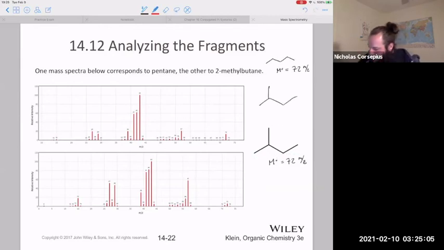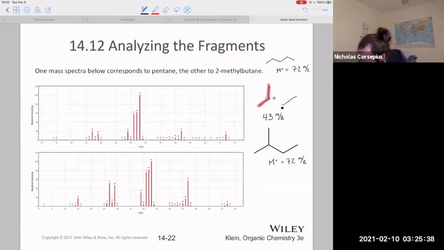The first way is if this portion here becomes the charged carbocation fragment, and the other half becomes the radical. So I'm going to chop this bond here. This portion becomes a radical, which isn't detected by my detector, but this is my secondary carbocation that forms. Well, this would correspond to an M over Z of 43.